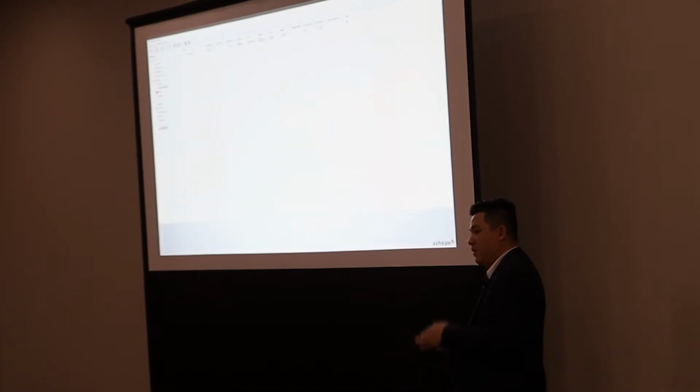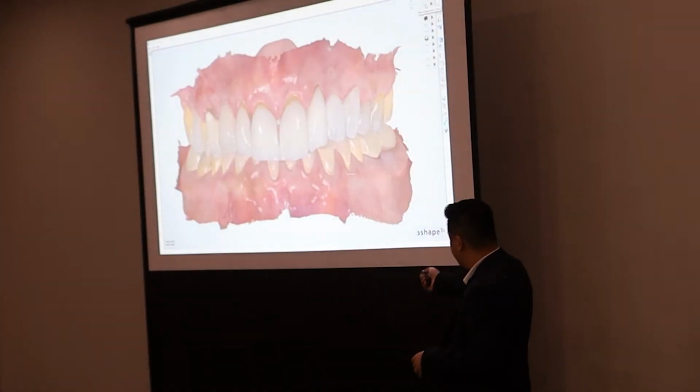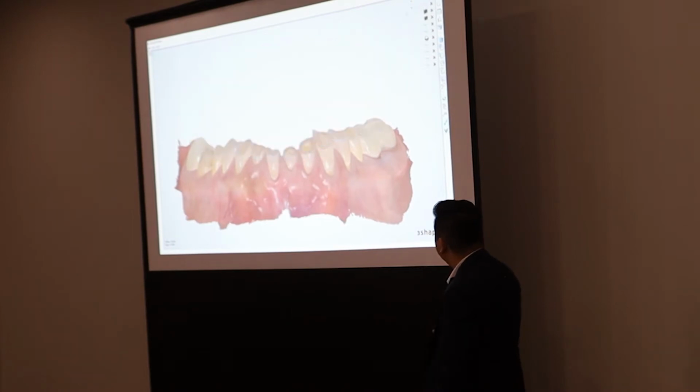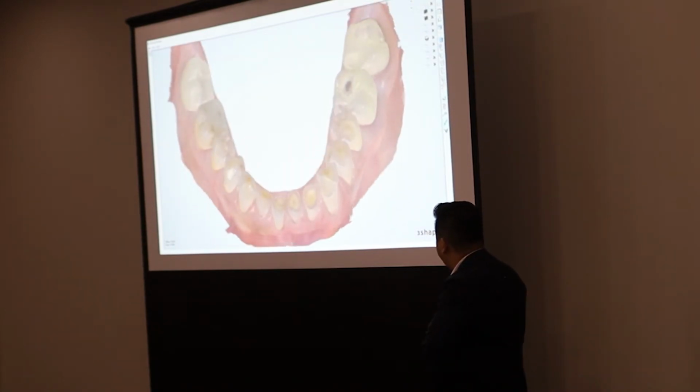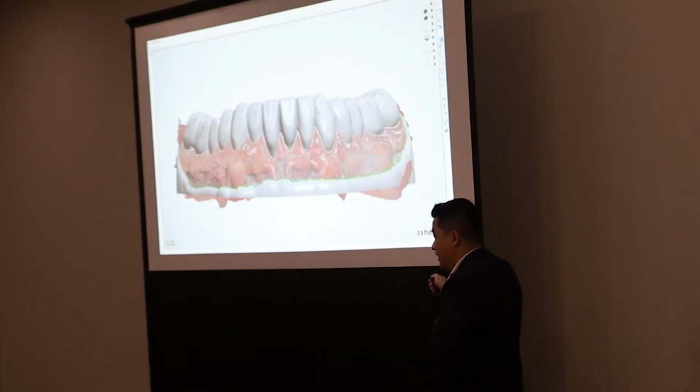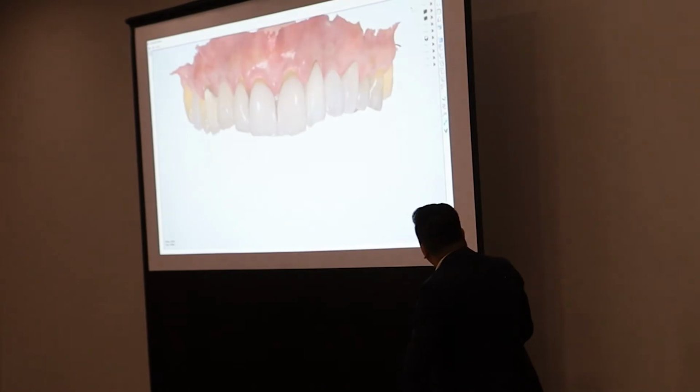So as I said before, if you look here, the scans, the initial pre-prep scans and the diagnostic that we made, they were in a specific orientation. And then, of course, the diagnostic that we make over top of it is also aligned to that. It's in that orientation there.